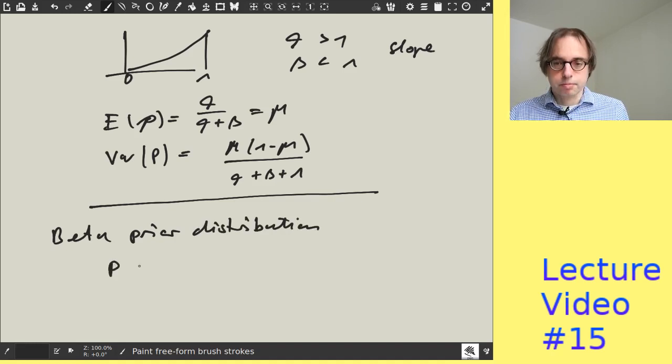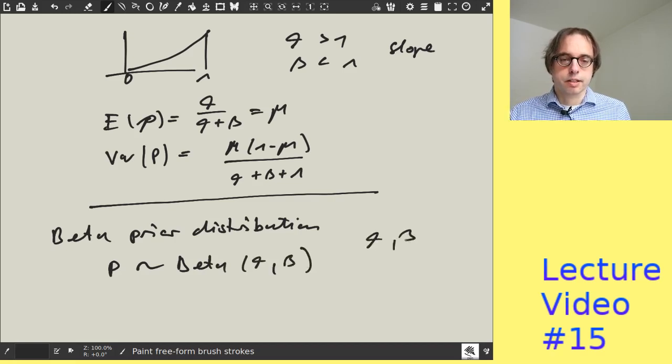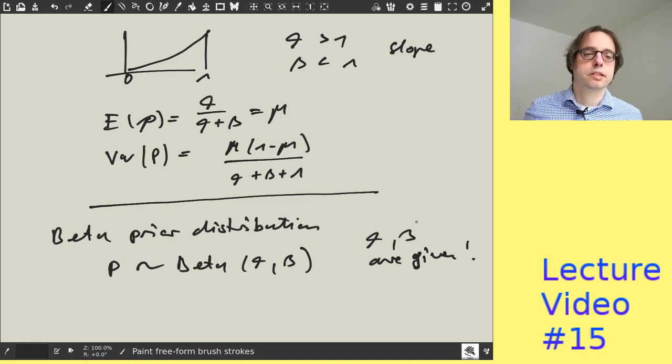We write p is distributed as beta with parameters alpha and beta. So alpha and beta are given, so we need to specify alpha and beta, and we could just use 1, 1 if you want uniform, but we can just use any we want.